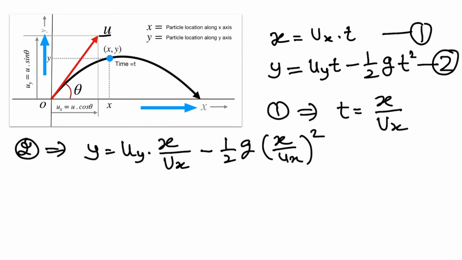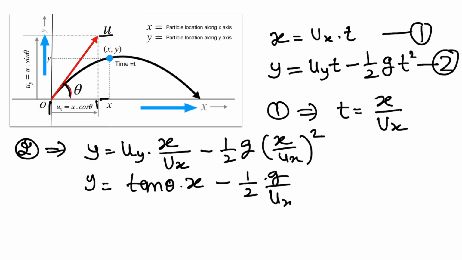And here uy by ux is equal to tan theta. So we can present y equal to tan theta multiplied by x, minus half g by ux square times x square. And this is the equation which represents the relation of y, the vertical displacement, with the horizontal displacement x. This is the trajectory equation of this projectile.